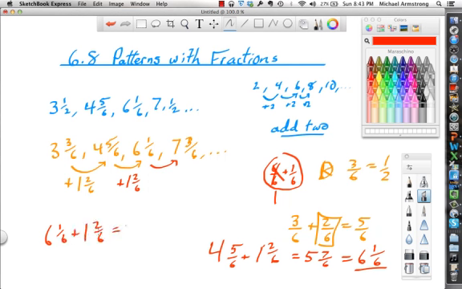And see what we get. That's 7. 6 plus 1 is 7, and 1 plus 2 is 3. And 7 and 3 sixths works. So we are adding 1 and 2 sixths. So the pattern is 1 and 2 sixths. And that works pretty well.